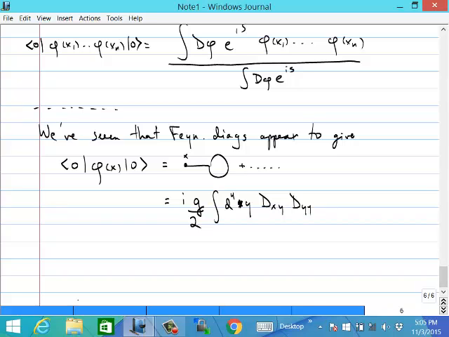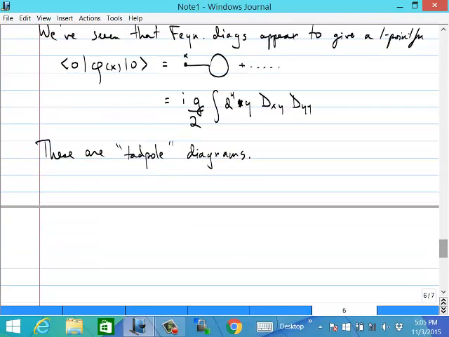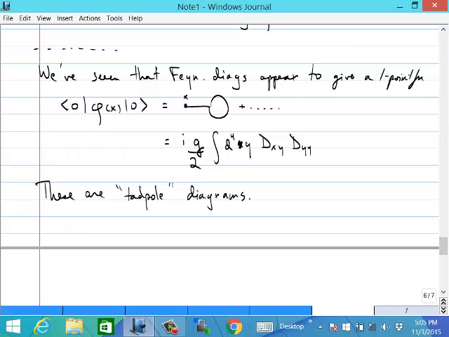So diagrams that contribute to the one-point function are known as tadpole diagrams, and appear slightly confusing for the following reason.